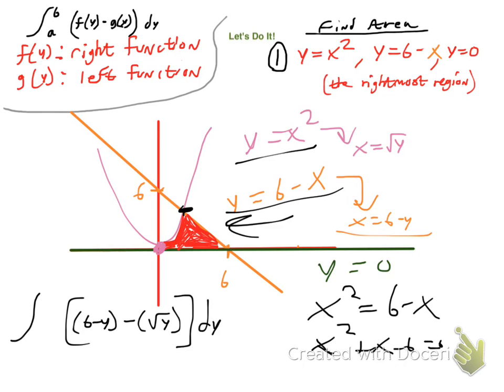And in the end, you find out that x equals 2. And so remember that you want y coordinates. So at x equals 2, by simply plugging 2 into either of these equations, you find out the y coordinate is 4. And so that is your definite integral. And all you got to do now is just solve it. As simple as that.